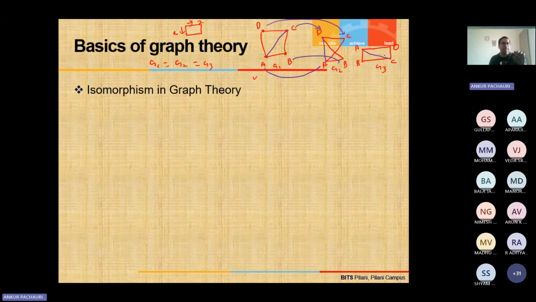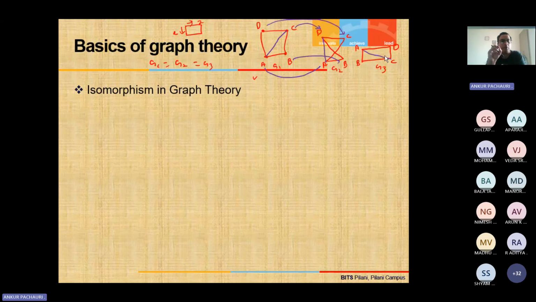So ultimately, what is the graph isomorphism problem? The graph isomorphism problem is that you are given two or more graphs. Somehow you'll have to come up with a yes or no answer: is this the same graph or a different one? That problem we call graph isomorphism.